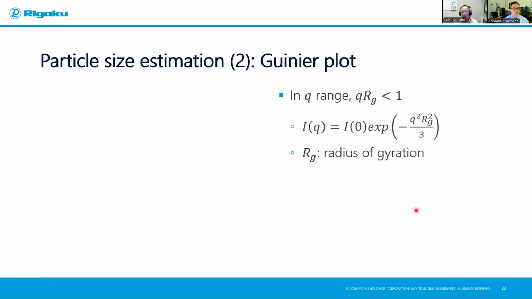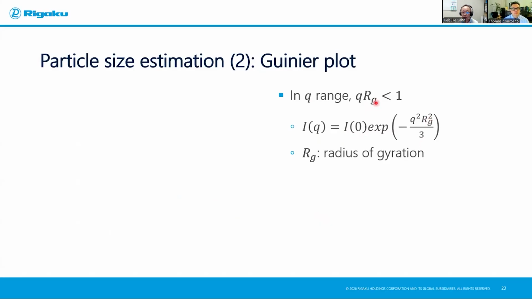The other way to extract the particle size is the so-called Guinier plot. If Q satisfies the condition Q times Rg smaller than 1, the scattering intensity I(Q) is calculated by this formula: the forward scattering intensity multiplied by exponential of minus Q squared Rg squared over 3.